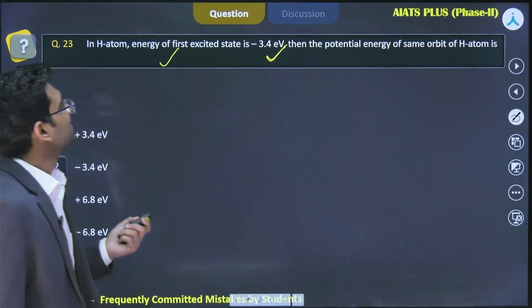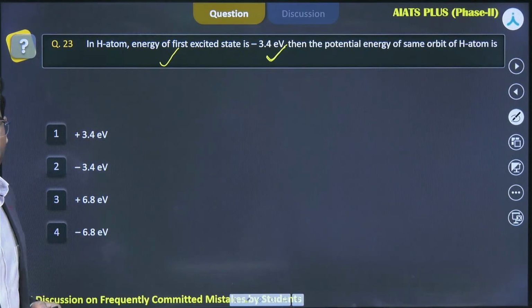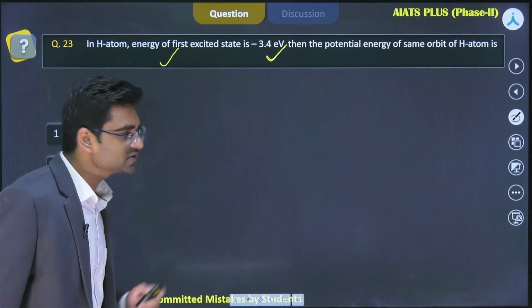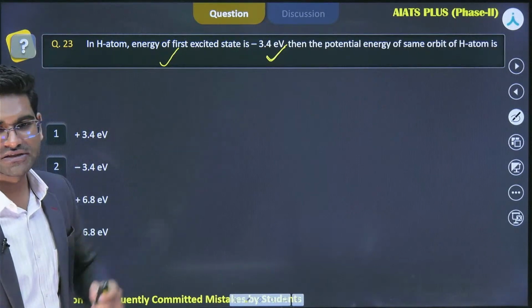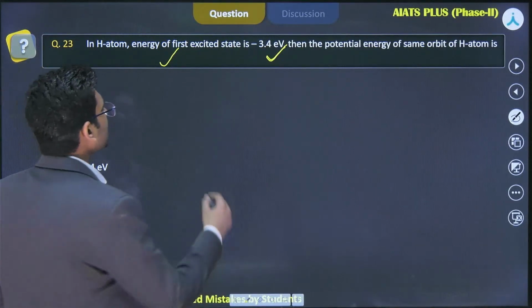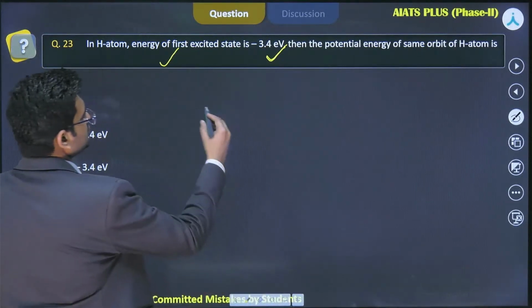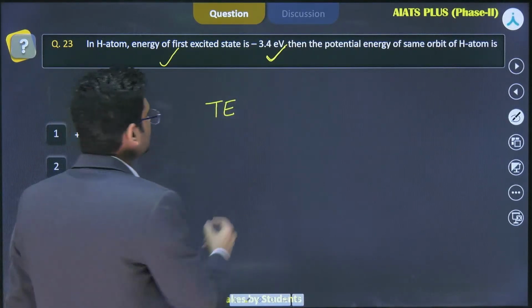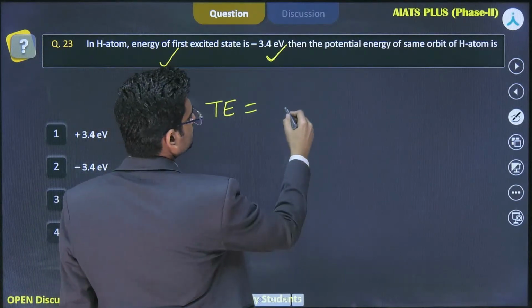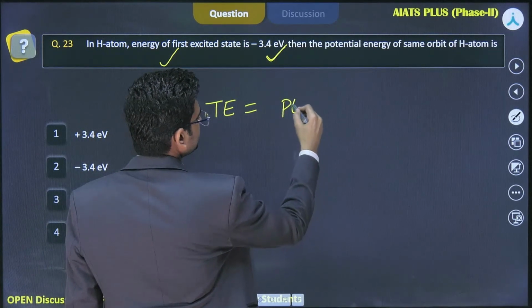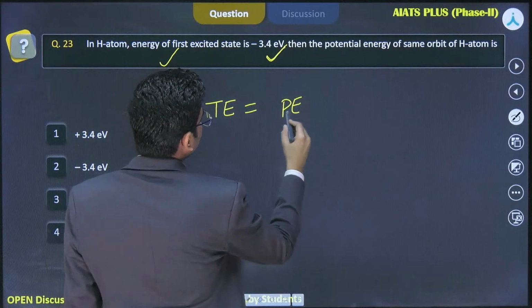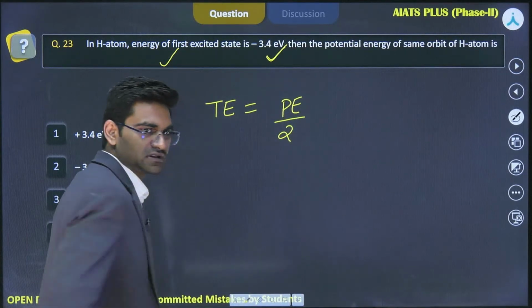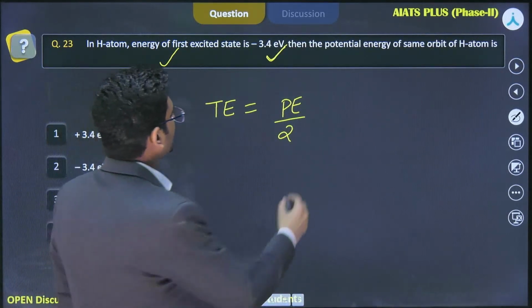Then the potential energy of same orbit of hydrogen atom is. So we have to find the potential energy. Total energy is given and potential energy you have to find. What is the relation? Total energy is equal to potential energy by 2, the sign will remain exactly the same.